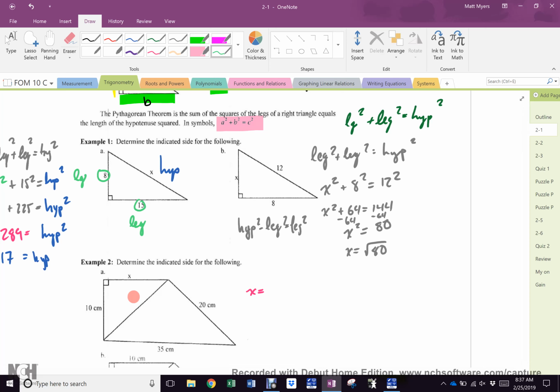Okay. Is that allowed? Okay. So how did you know this was 20? How do you know this line right here is 20? Did you measure it?